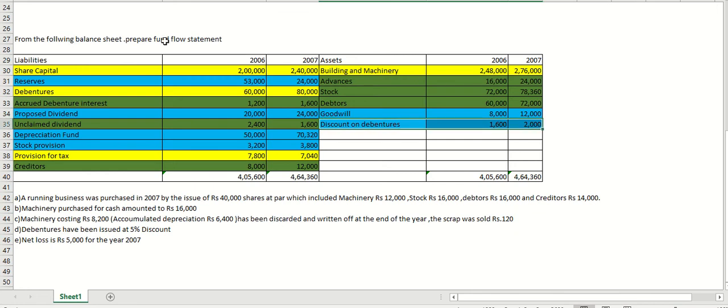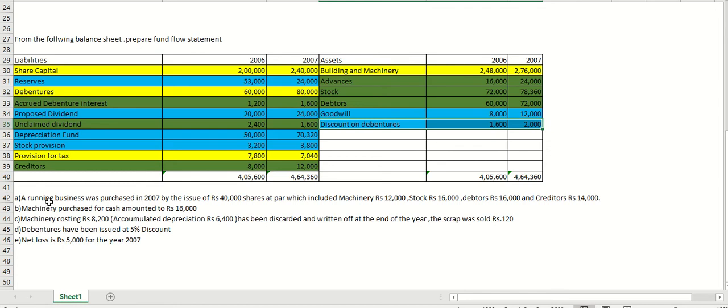From the following balance sheet, prepare the fund flow statement. If you see, you have the liability side with 2007 and 2008, and the asset side with 2007 and 2008. We will start with our adjustments first.